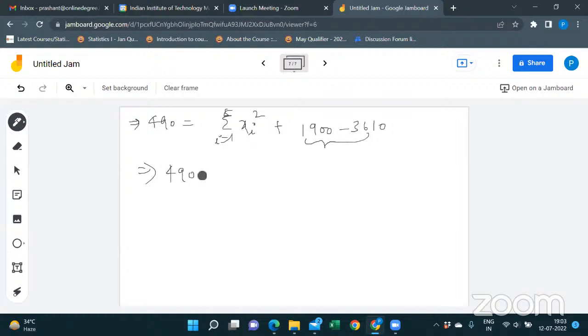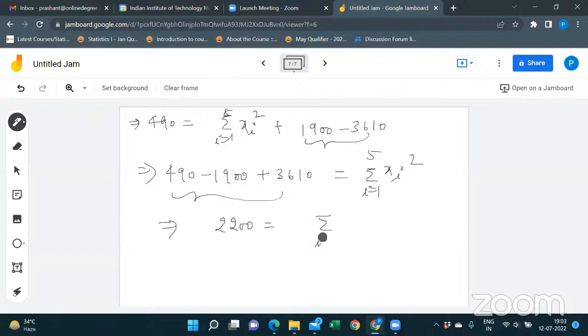So it will be 490 minus 1900 plus 3610 equal to summation i equals 1 to 5 xi square, right? Doing this, it's 2200. So 2200 equals summation i equals 1 to 5 xi square. So this is the correct solution. Is that clear for everyone?